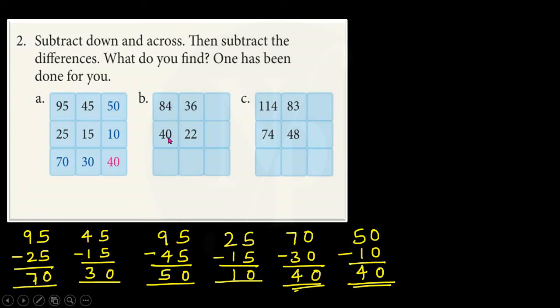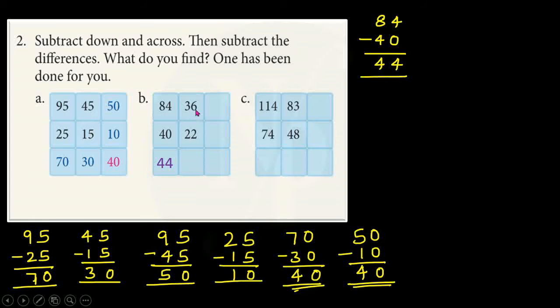84 minus 40. Find 84 minus 40. What do you get? 4 minus 0 is 4. 8 minus 4 is 4. You get 44. Therefore, what we should write in this box? We have to write 44 in this box.